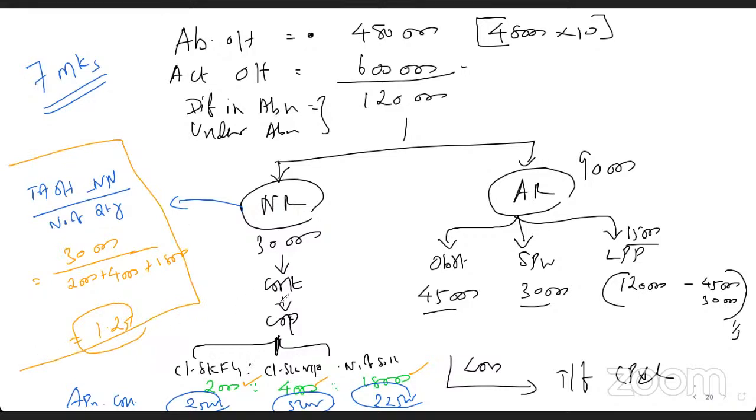Listen here, the answer part is already over. Before this computation, I would like to explain one more thing. The 1.25 represents what?